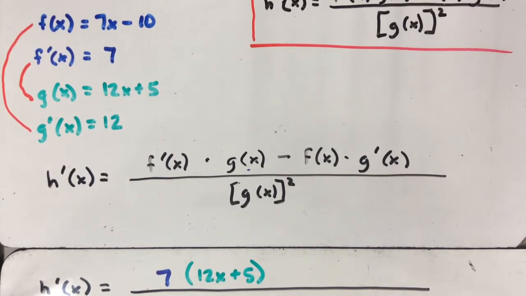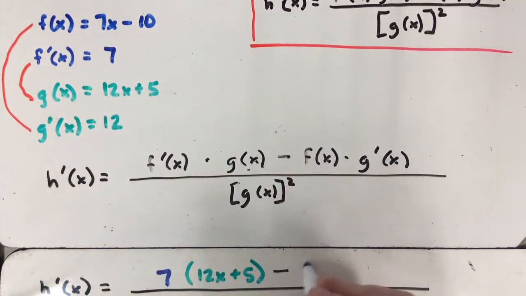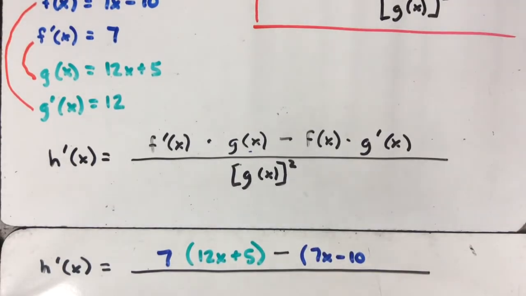And then in the formula, there is a subtraction symbol. And then up in the top, we have f of x, which is that 7x minus 10. And we have, after that, g prime of x, which is the number 12.